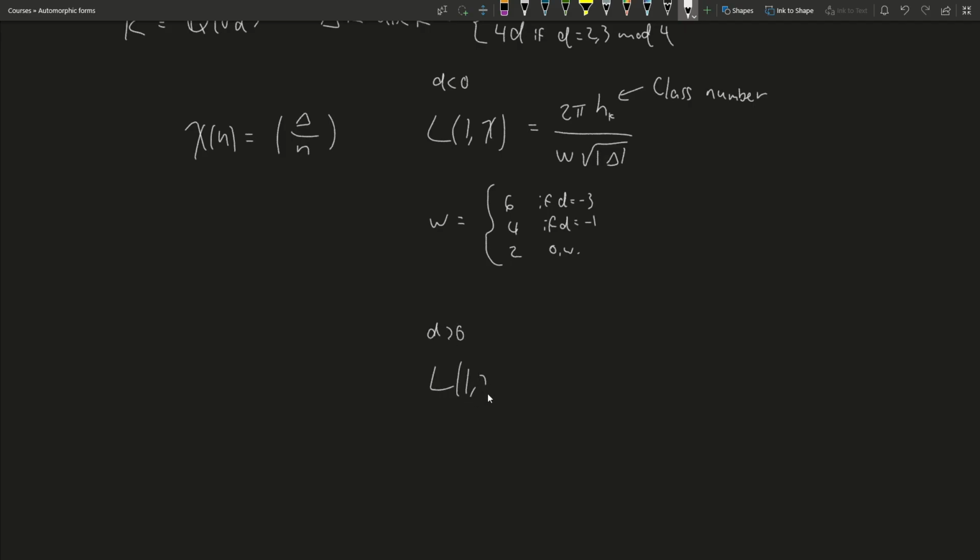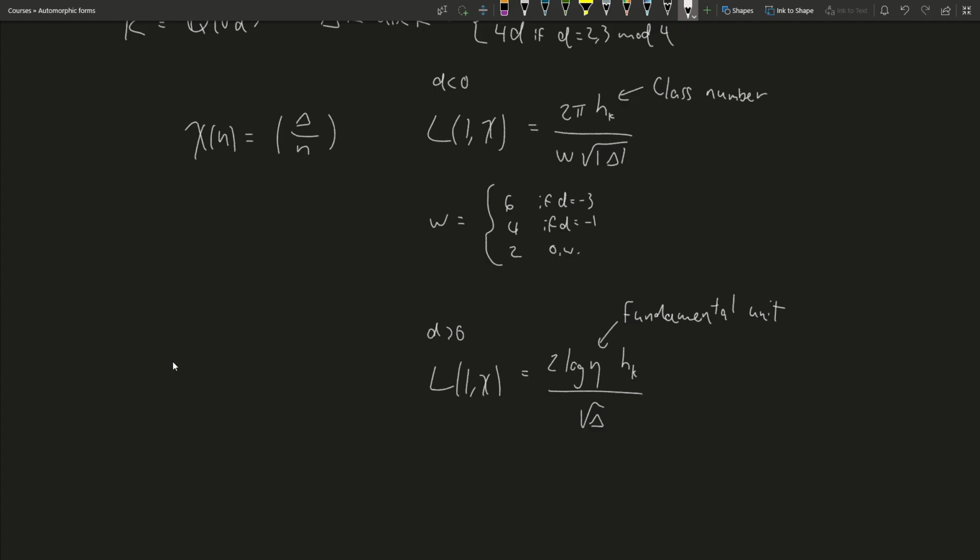There L(1, chi) is equal to 2 times log of eta, which is some fundamental unit, times the class number, divided by the square root. For details, you can go check those notes.